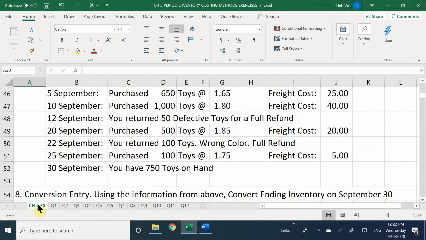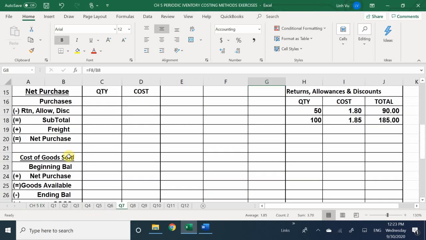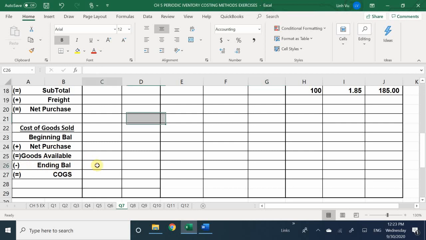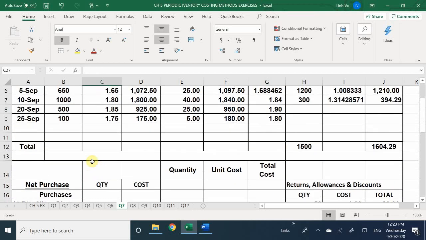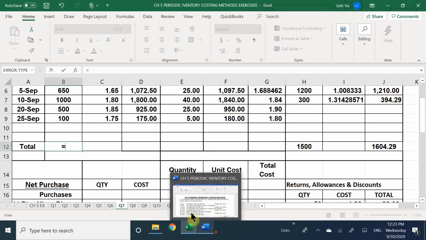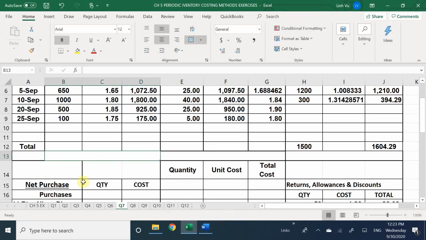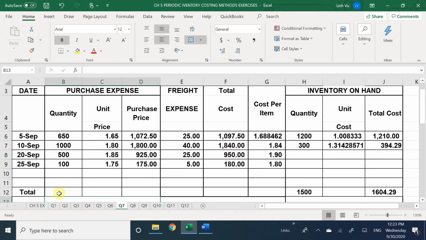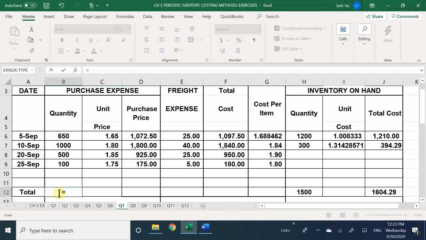Okay. Lastly, on September 30th, we recognize that we had a total of 750 toys left on hand. So here, I'm going to go ahead and update my inventory. That ending inventory should be 750. All right, so what I'm going to do here is total up my numbers because I've reached the end of my period.